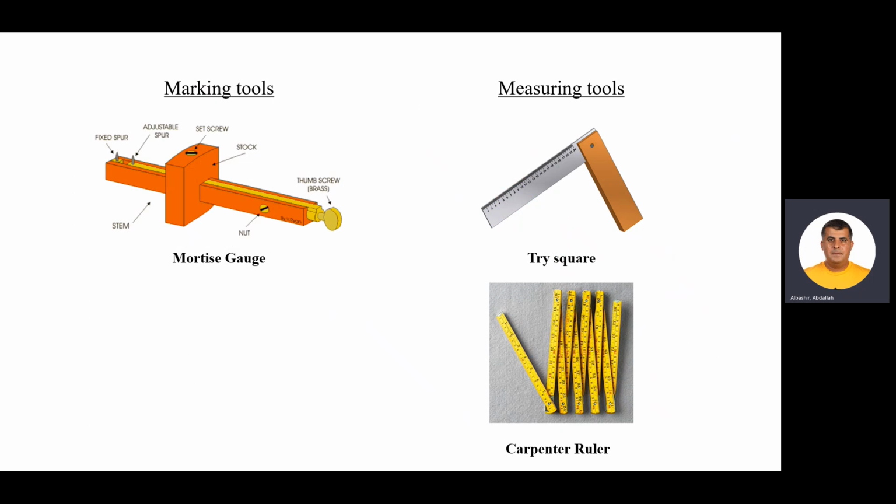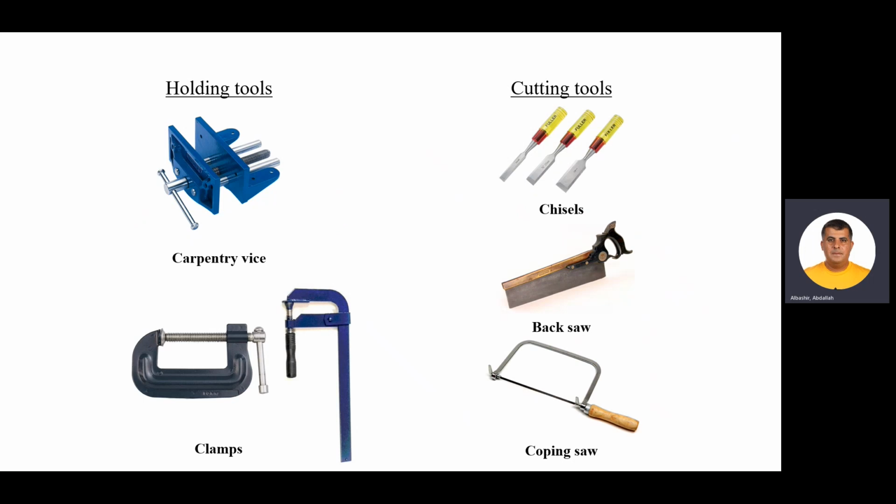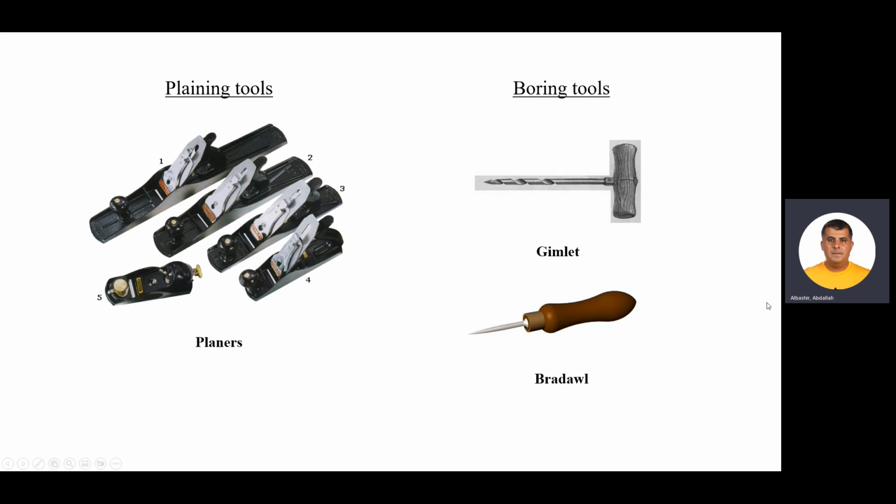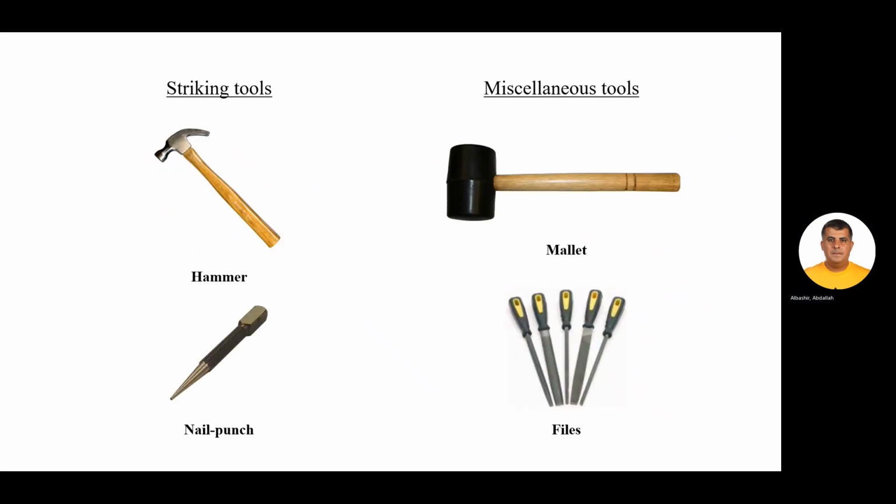We can see examples of marking tools like the mortise gauge, measuring tools like the try square or carpenter ruler, holding tools like carpentry vise and clamps, cutting tools, the chisel, backsaw, coping saw, planing tools, planers, boring tools, the gimlet, the bradawl, striking tools like hammer, nail punch, miscellaneous tools like mallet, files.